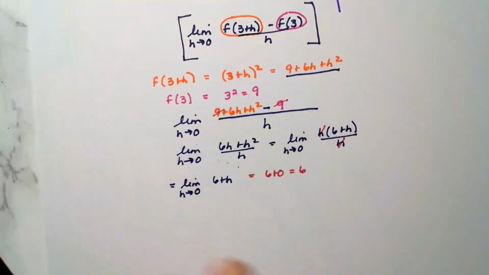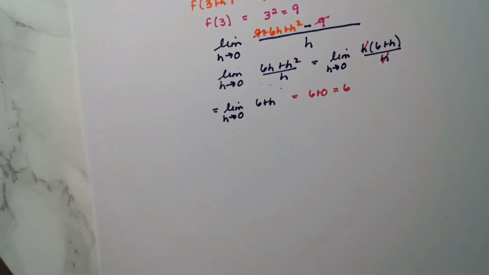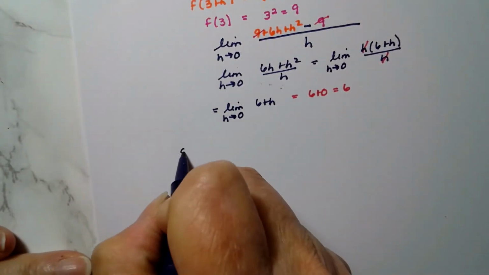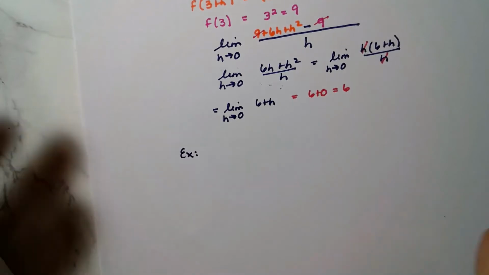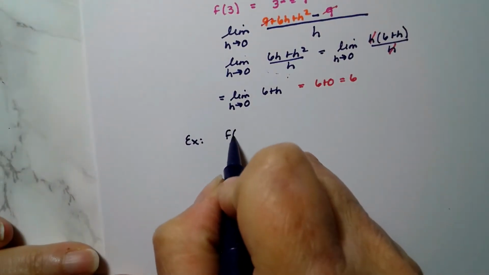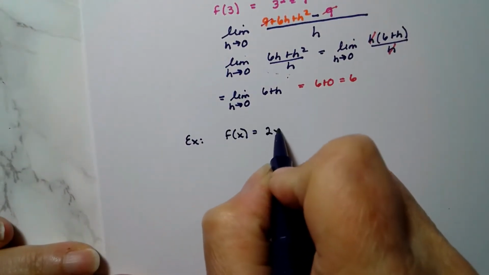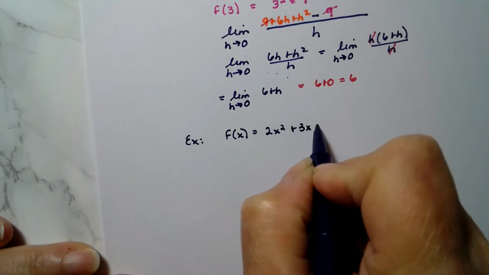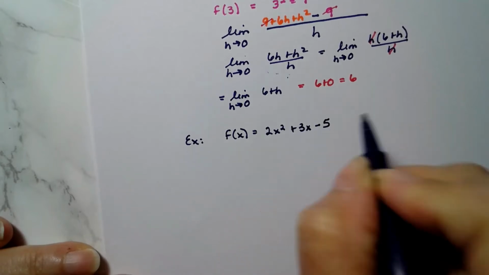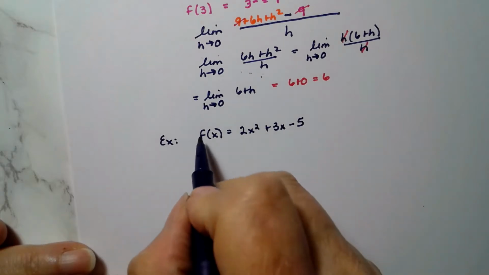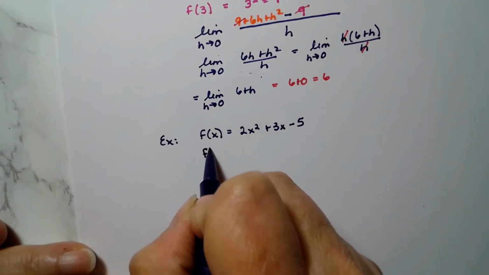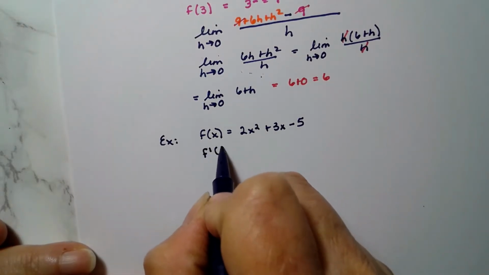Okay? So let's look at another one. So how about f of x equals 2x squared plus 3x minus 5. And we want to find the value of the derivative when x is equal to 1.